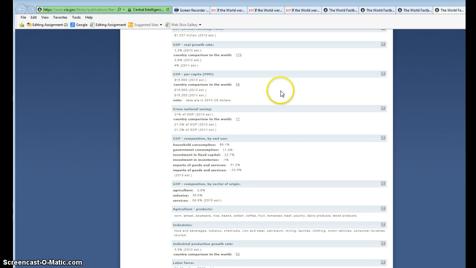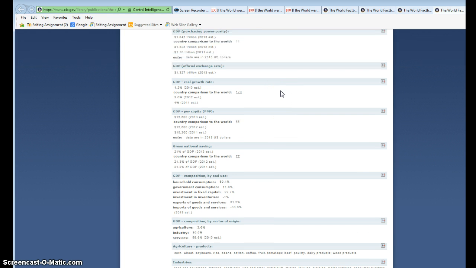If you compared, let's say, GDP in Mexico to the United States, it might be a little bit misleading. So to make those numbers the same, we use something called PPP, or purchasing power parity, to give us equivalent figures.